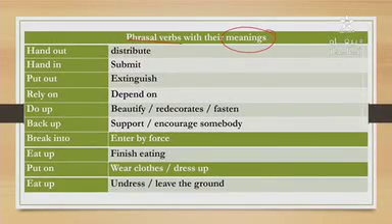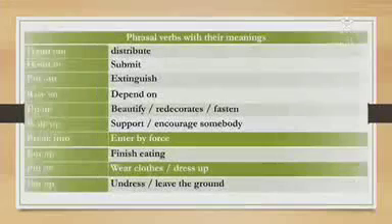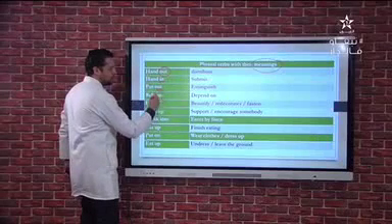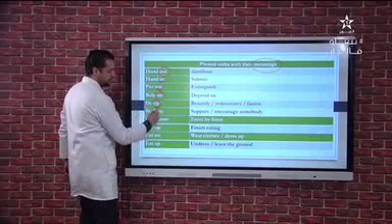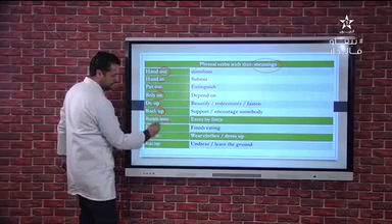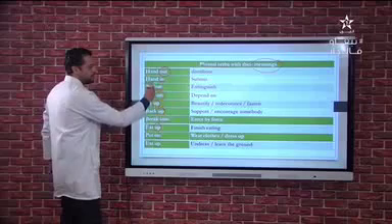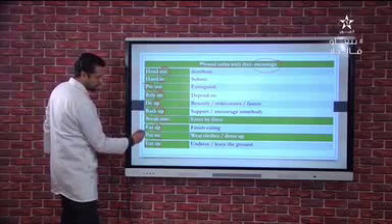Right. Now we're going to move to talk about the phrasal verbs with their meanings, the most used ones, of course. So we have the first one here. Just be careful with that. Let's have a look at this one here. We have out, preposition in, out here. We have on, up, into, another up here, on and up. And be careful here, concerning the verb, we have put, and we have another one here.